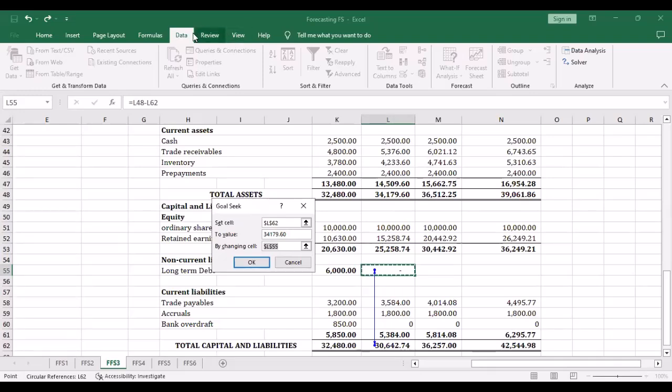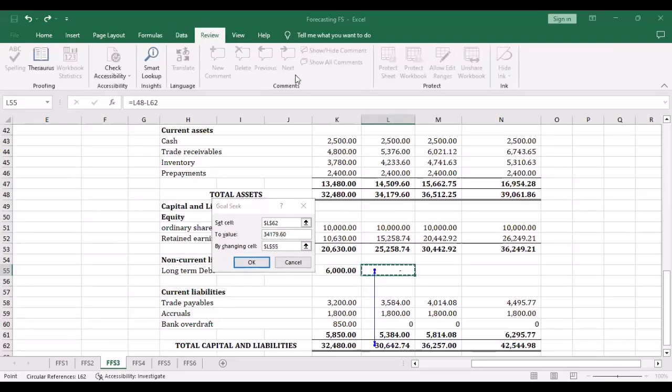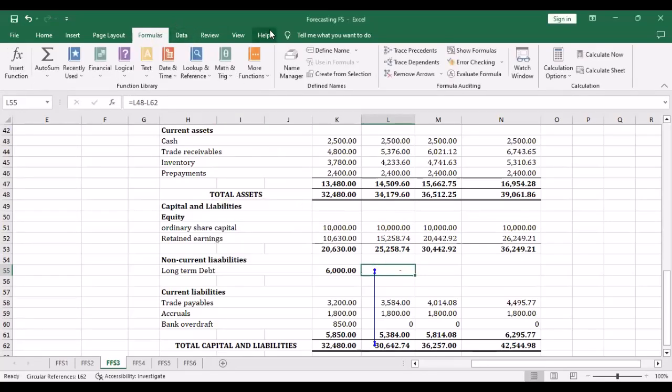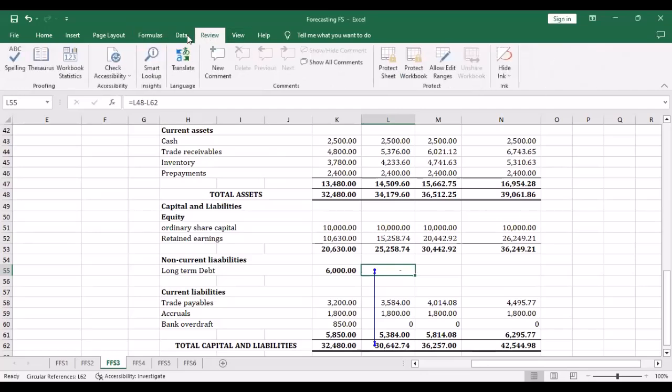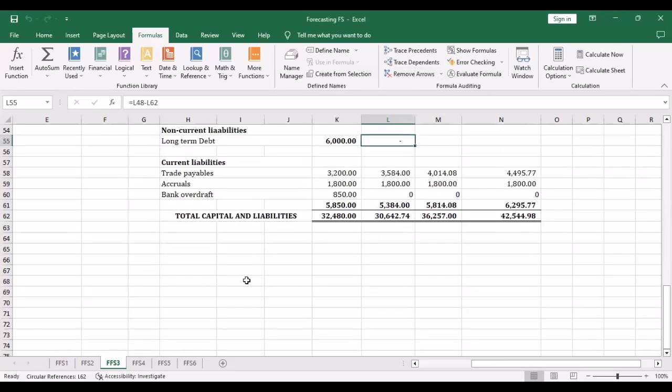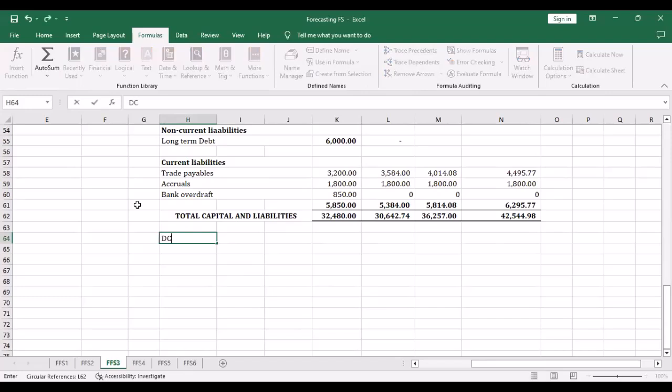So maybe let me just remove the review part. Cancel. Okay, let me just remove the arrows, isn't it? So this one is called DCF, isn't it?